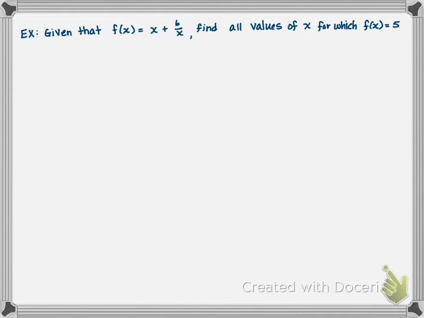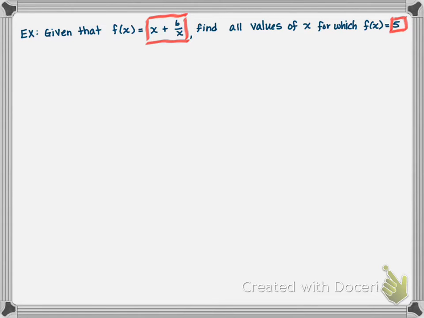So again, this looks different because it doesn't say solve and then give you an equation, but this is just a different way of giving you an equation to solve, right? We're told that f of x is equal to x plus 6 over x, and we are also told that f of x is equal to 5. And if both of those things are f of x, then they have to be equal to each other, right?